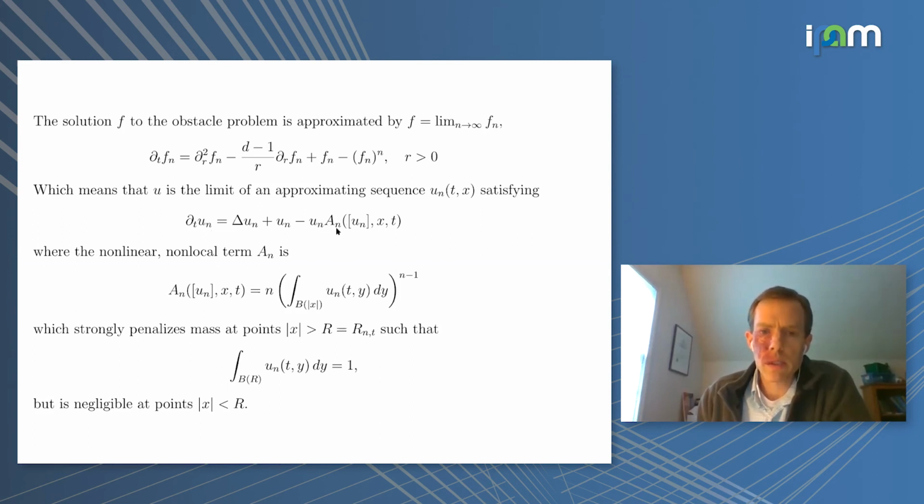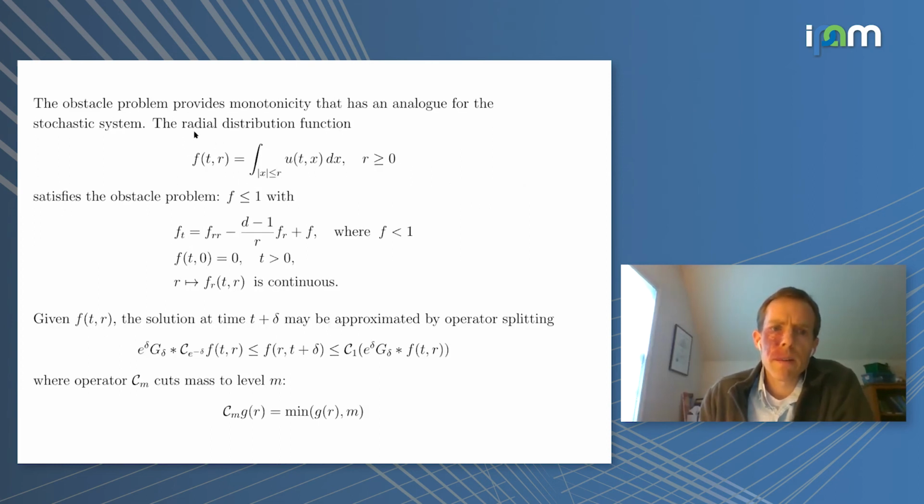And this term is non-local, nonlinear, and basically it penalizes mass which is beyond the radius at which the mass of U is equal to 1, right? But it's negligible inside the radius at which the mass is less than 1.